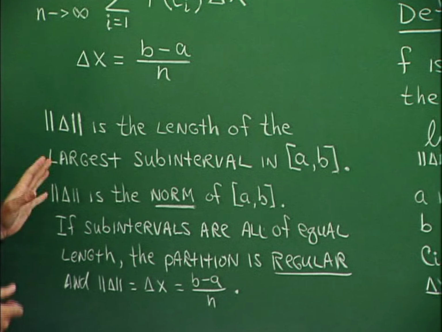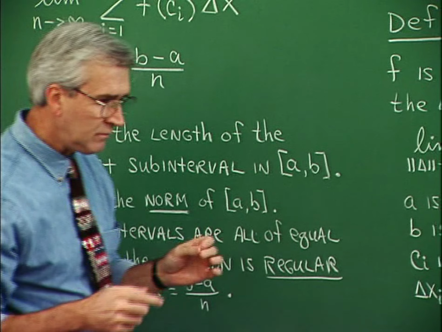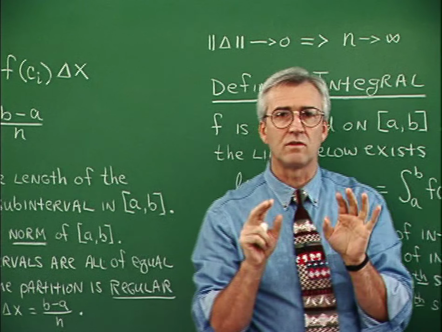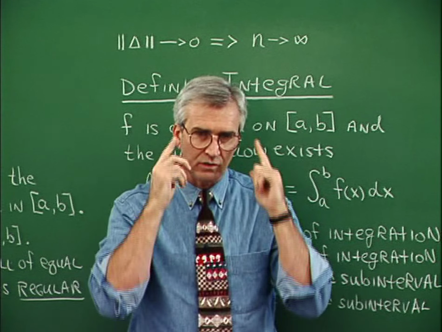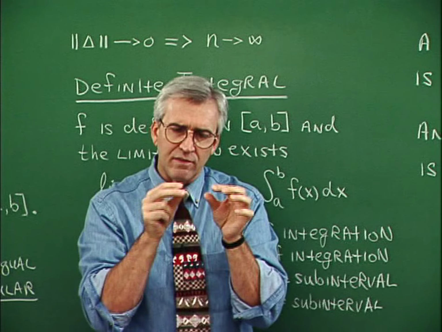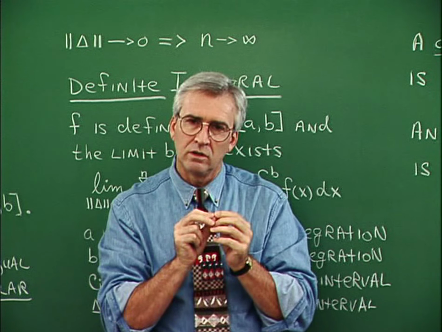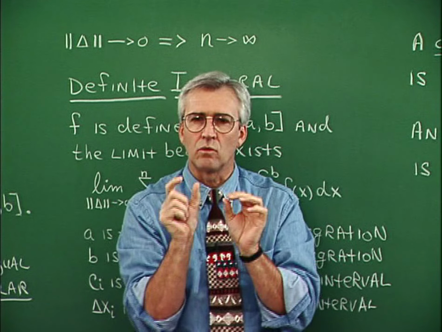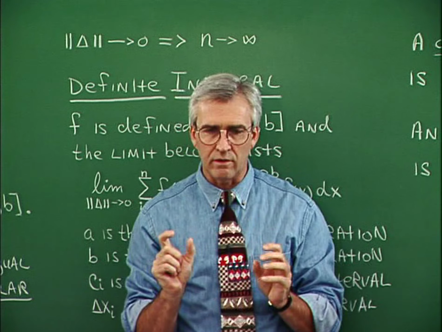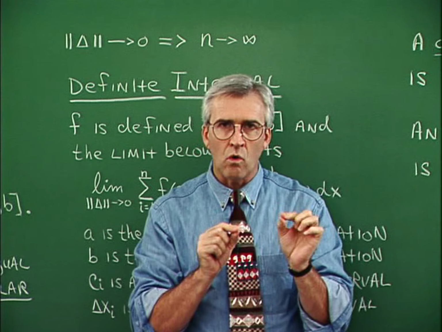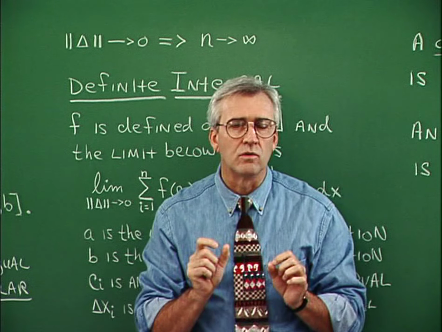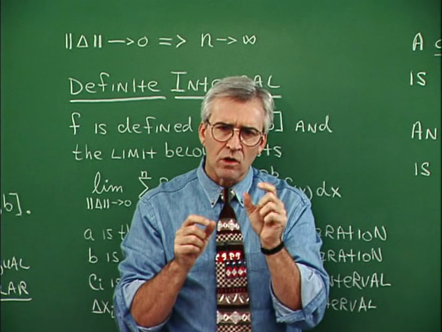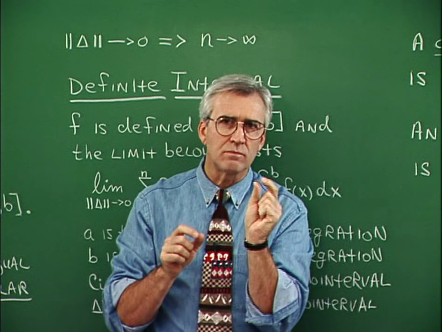Let's keep it on the basis of widths of rectangles for the time being because it's easy to imagine. If those widths of rectangles are of differing amounts, and the norm is the largest of all of those, imagine what happens as the norm gets smaller and smaller.